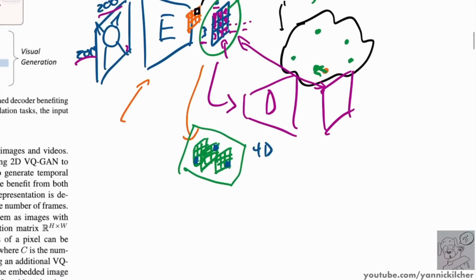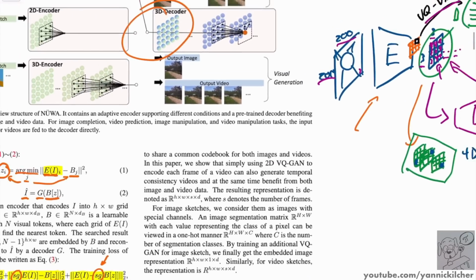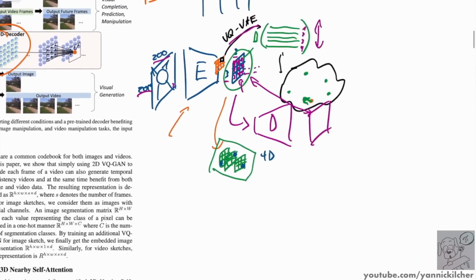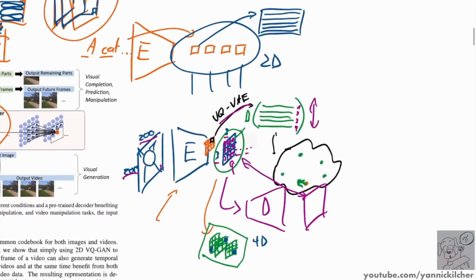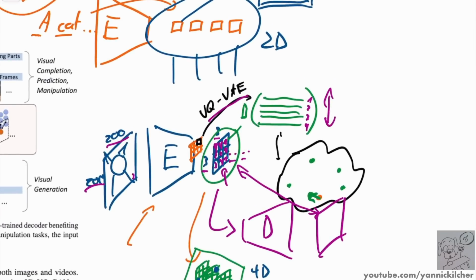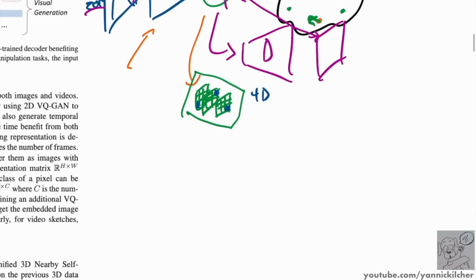But we can represent it as a 3-dimensional tensor of tokens, where each token will be an entry in the codebook. So how is that a common representation? We saw that text is 1D as tokens, or 2D if you consider it as vectors. Images are 2D as tokens, but 3D as vectors. And video is 3D as tokens and 4D as vectors.